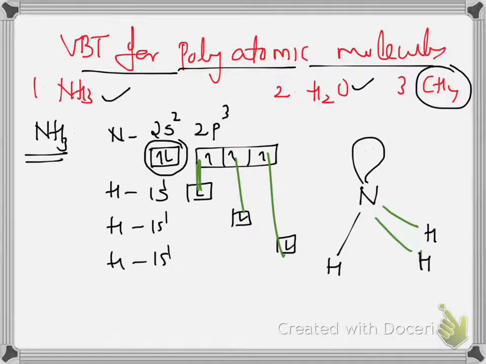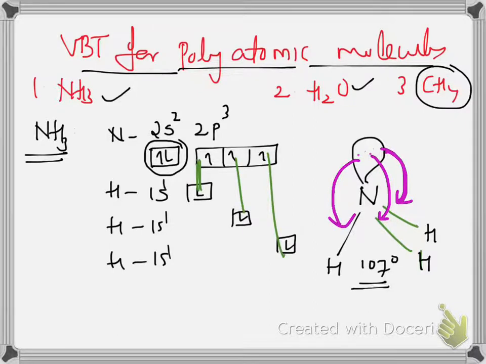Due to lone pair to bond pair repulsion on this side and this side also, there is a decrease in bond angle from 109 degree 28 minute to 107 degree.